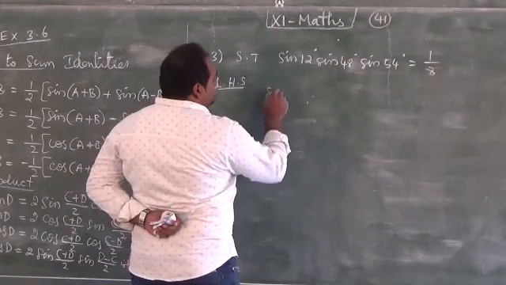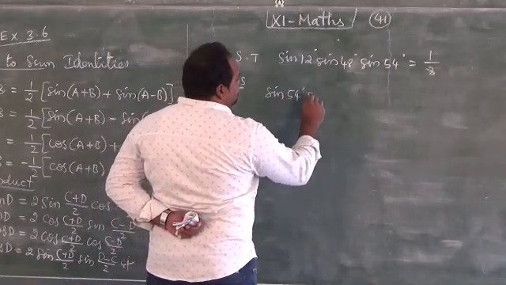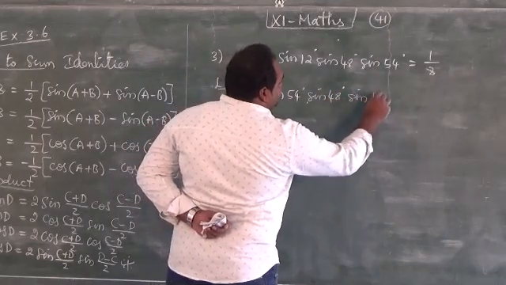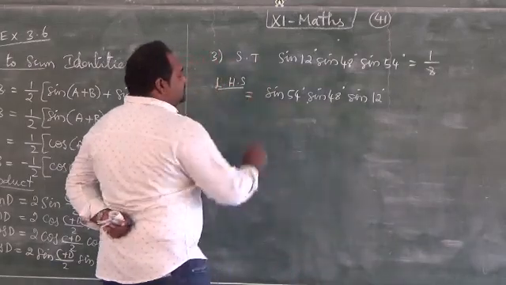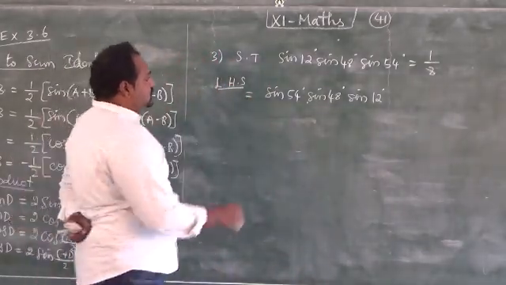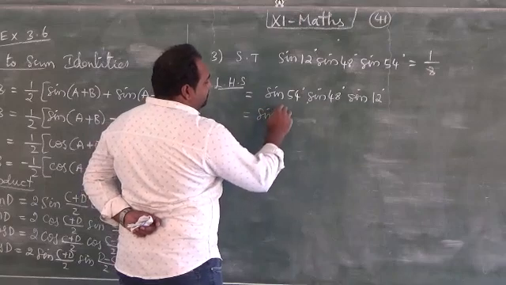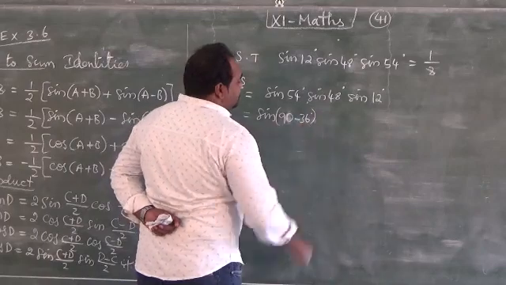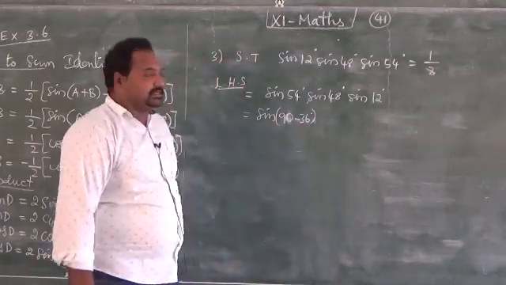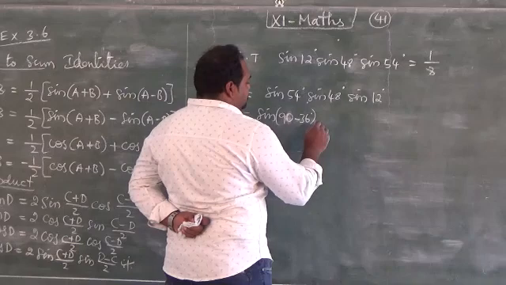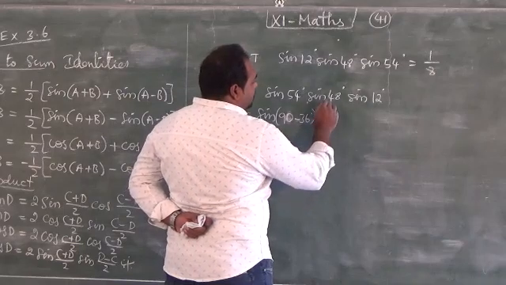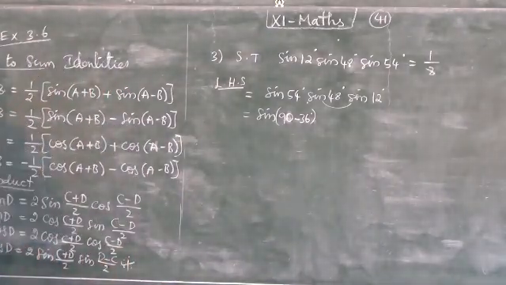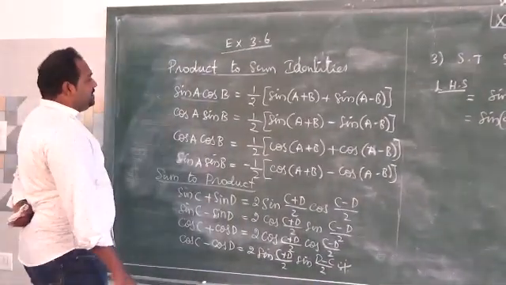First I am writing sin 54 degree, sin 48 degree, sin 12 degree, LHS. Here, instead of 54, I am going to write sin (90 minus 36). And I am going to use the product to sum formula here.